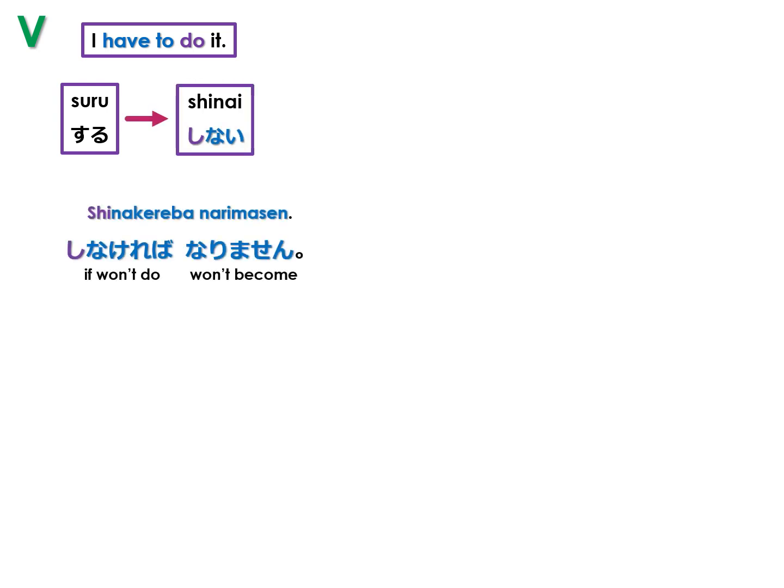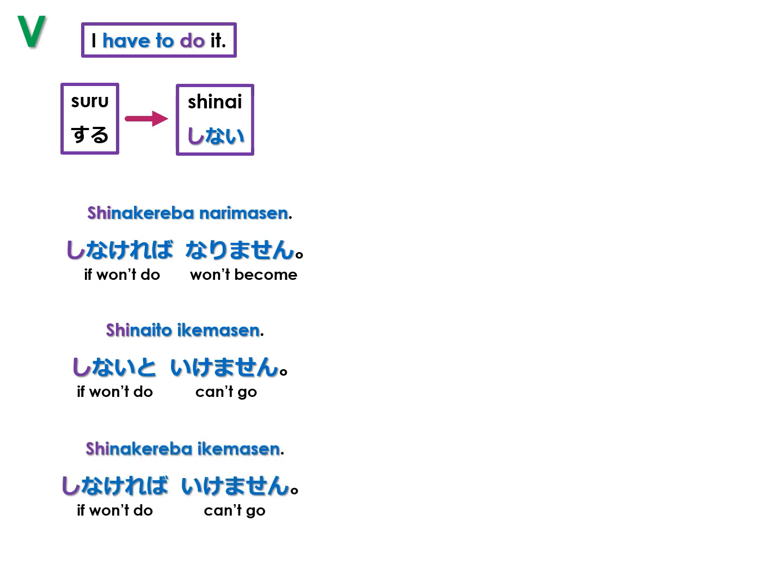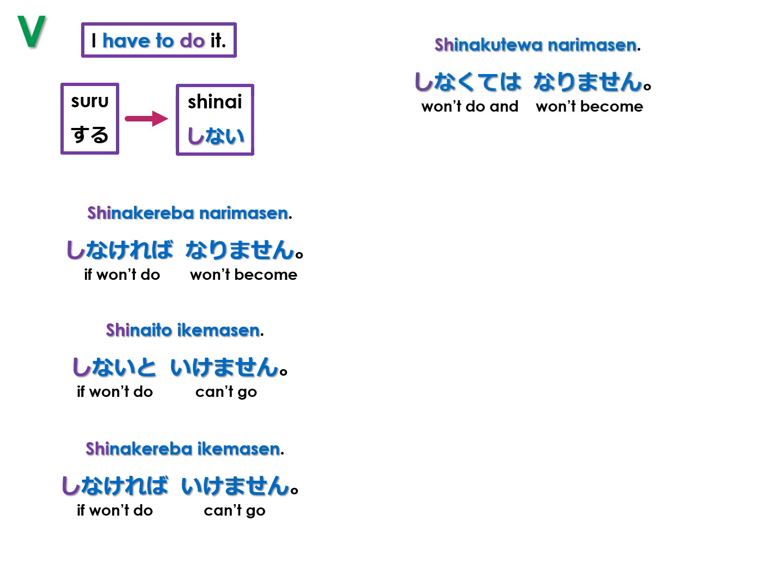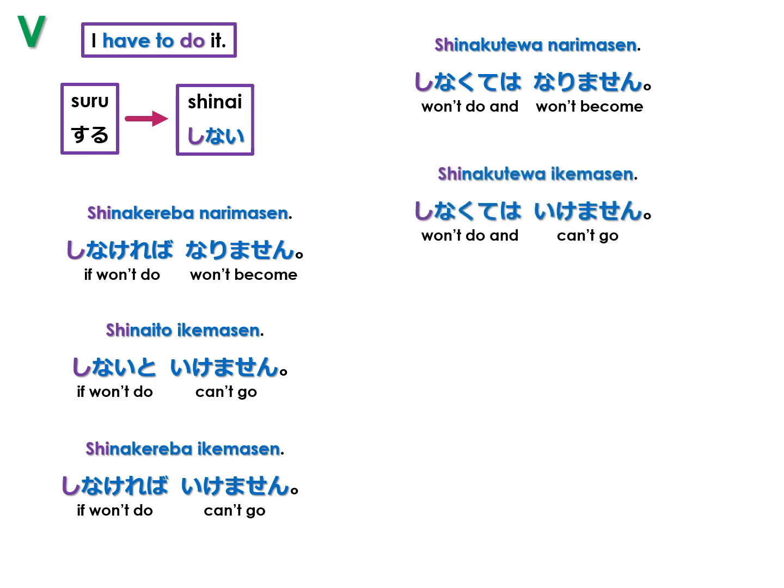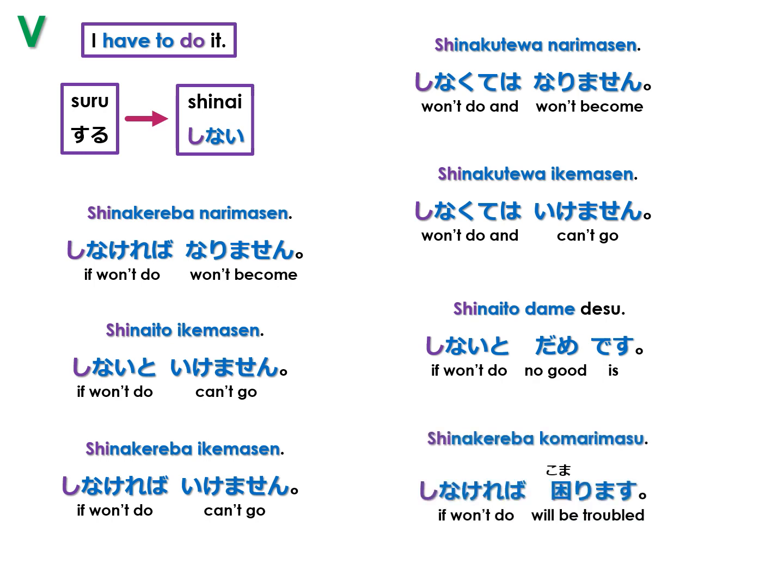So I can say, しなければなりません。しないといけません。しなければいけません。しなくてはなりません。しなくてはいけません。しないとダメです。しなければ困ります。And they all mean the same thing. I have to do it.